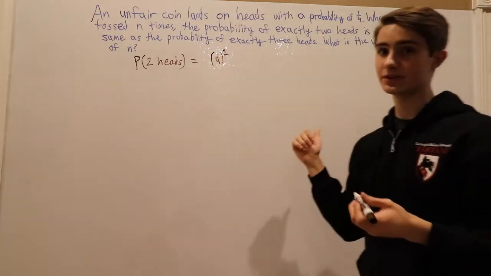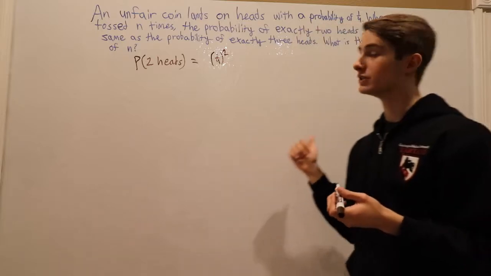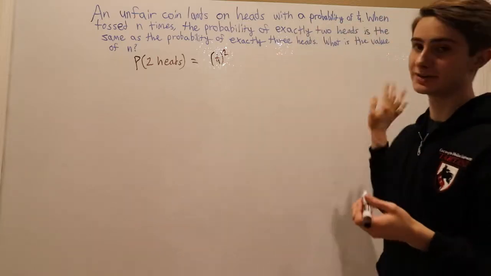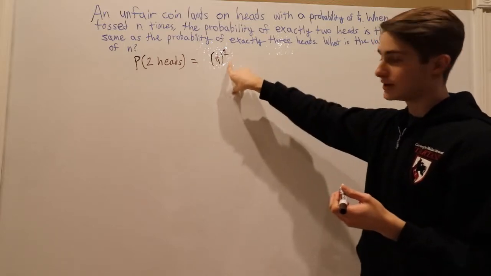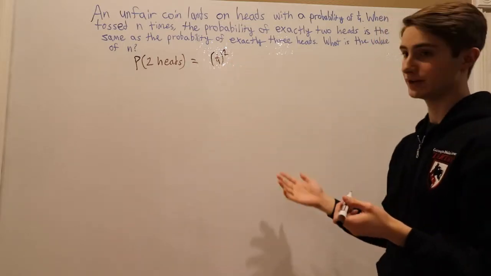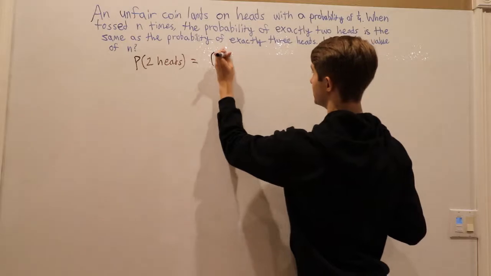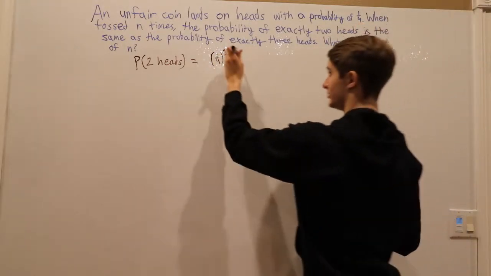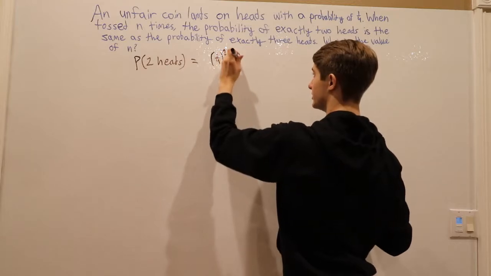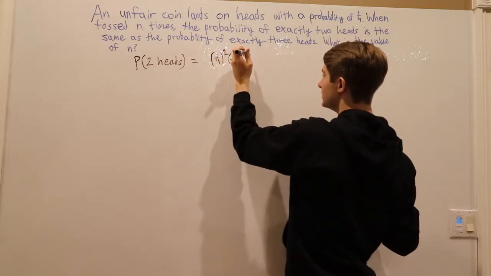If we want exactly 2 heads, then the rest of the flips have to end up tails. If we have 2 heads, then there are n minus 2 tails, and the probability of tails is just 3/4 because 1/4 is heads. So you have 3/4 to the n minus 2.